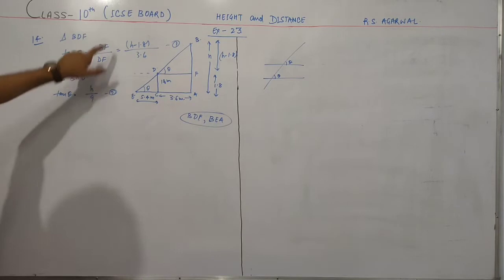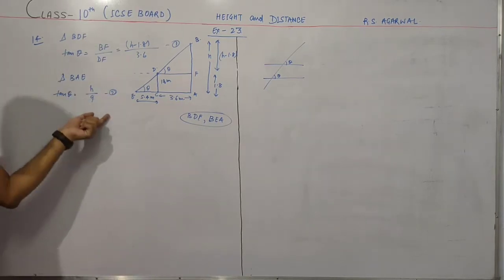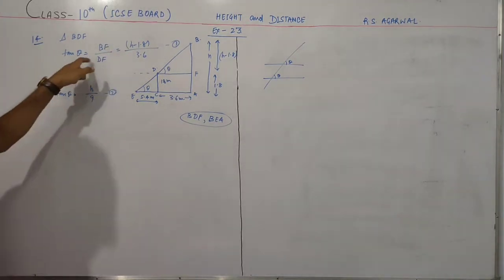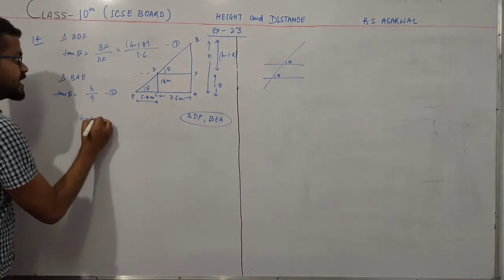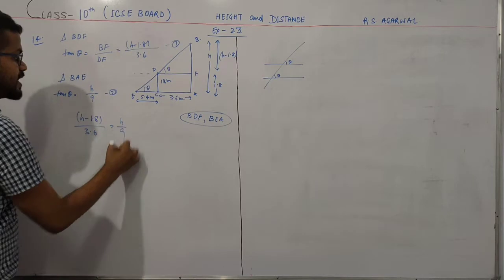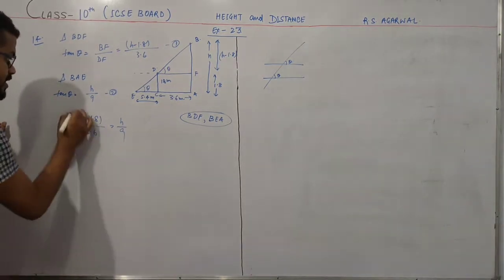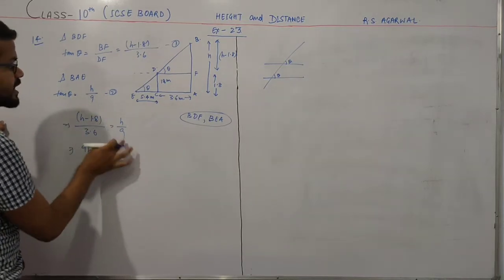So by using both these equations, we can easily equate both the equations. Because this is also tan theta and this is also tan theta, so I write simply here H minus 1.8 upon 3.6 is equal to H by 9. So after cross multiplication, this is 9H minus 1.8 into 9.